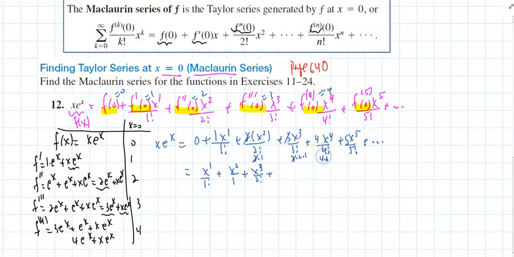And isn't this 4 times 3 times 2 times 1, those cancel out? Isn't that x to the 4th over 3 factorial? Plus, wouldn't that be 5 times 4 times 3 times 2 times 1? And that would be x to the 5th over 4 factorial.